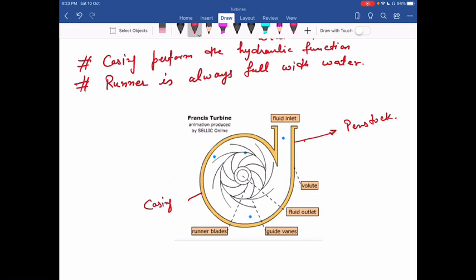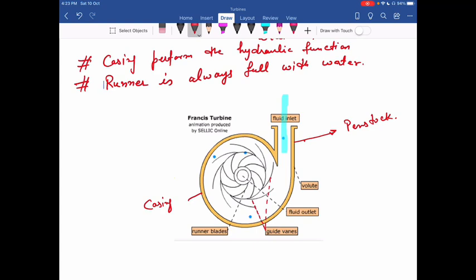Water enters from here. First water goes to these vanes, and these are called the guide vanes.